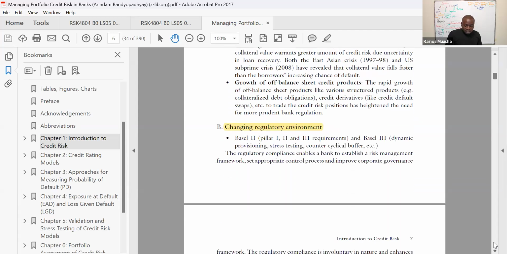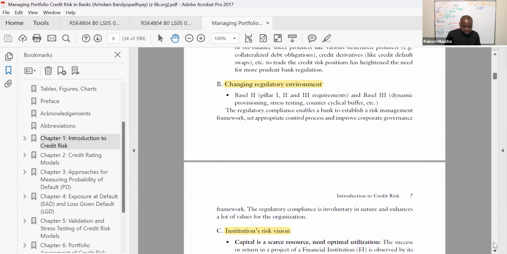Another factor looks at the changing regulatory environment. They talk about Basel II, with the Pillar 1, 2, and 3 requirements, and Basel III, with dynamic provisioning, stress testing, and the counter-cyclical buffer.